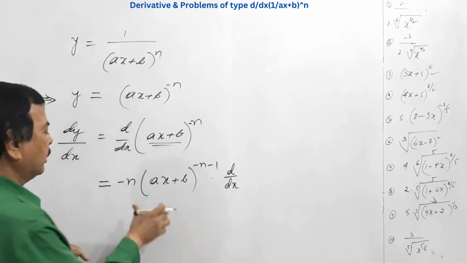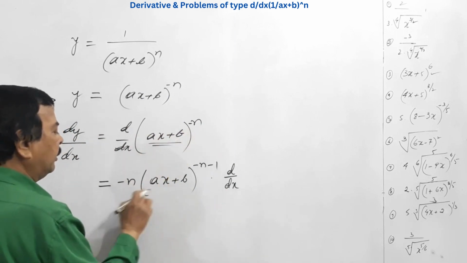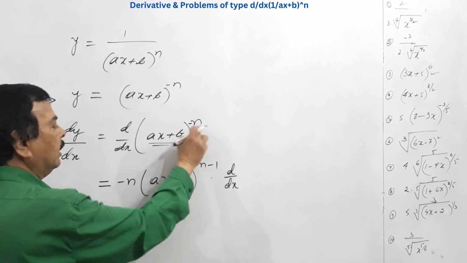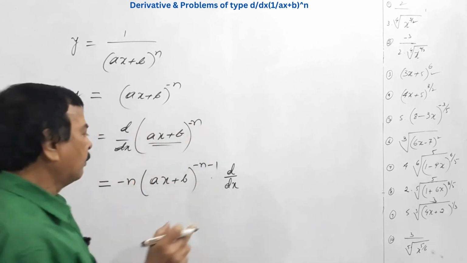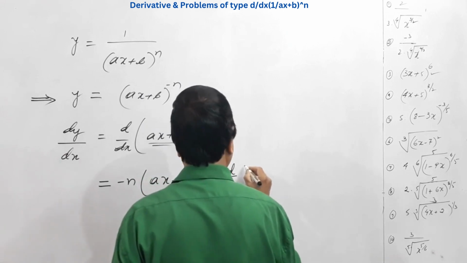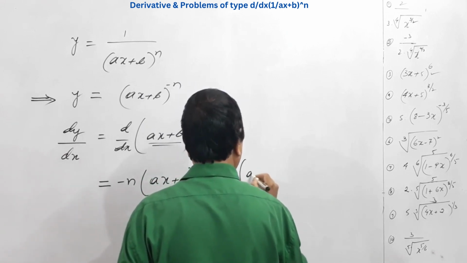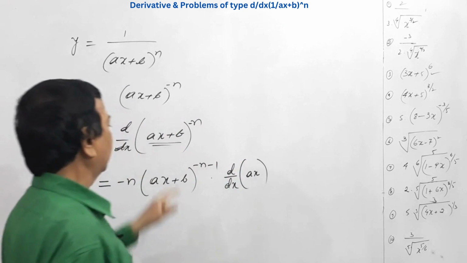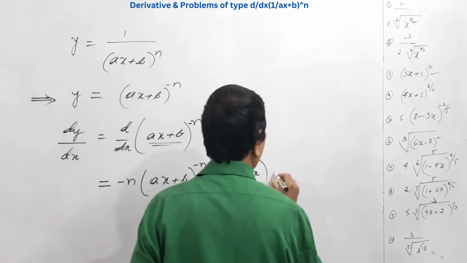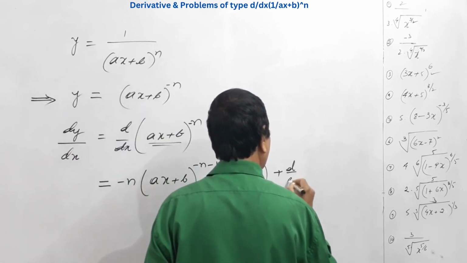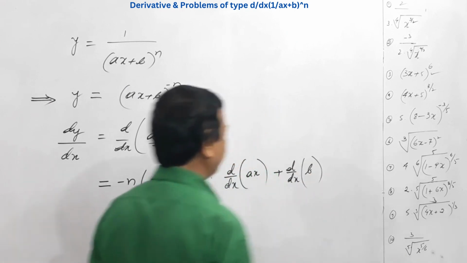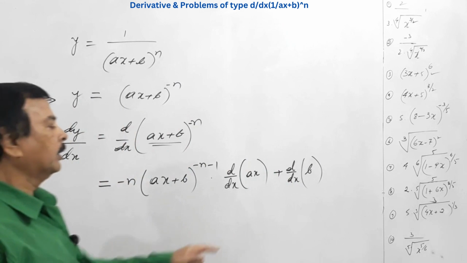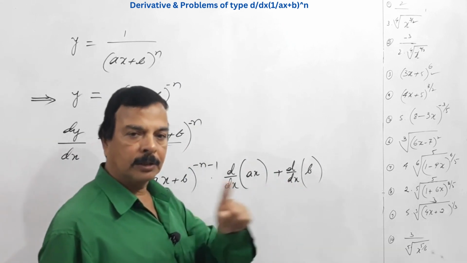This portion is over. Now differentiate the inner portion, that is d by dx of ax plus d by dx of b. So we know d by dx of b is 0.